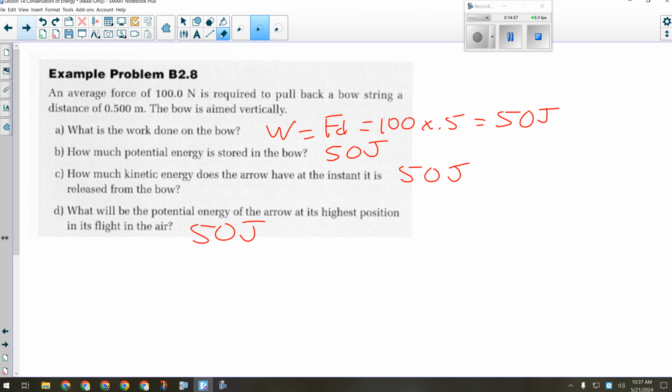When something goes up in the air, it goes up, up, up, stops for a second, and then comes back down. And when you're at your maximum height, all of your energy is potential because you're not moving for that instant in time. When the arrow comes back to Earth, how much energy will it have? 50 joules. It'll just all be kinetic again when it comes back to Earth.